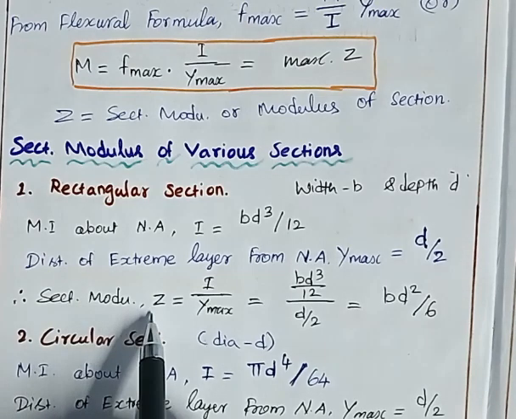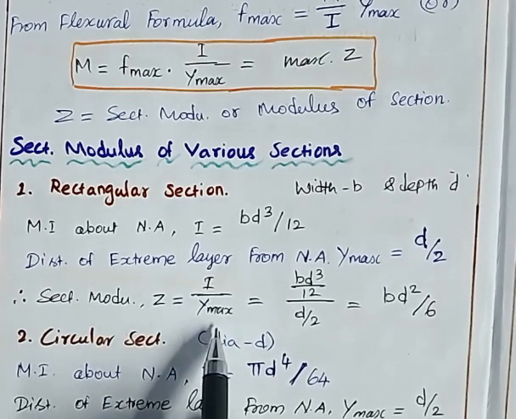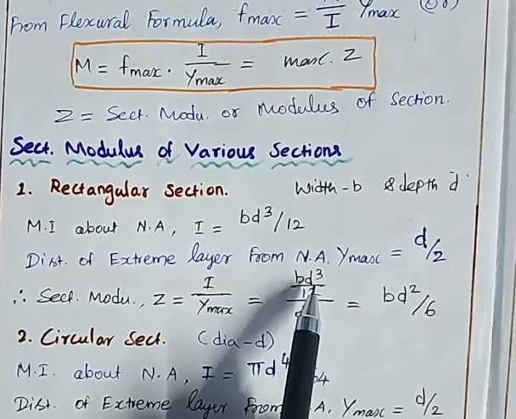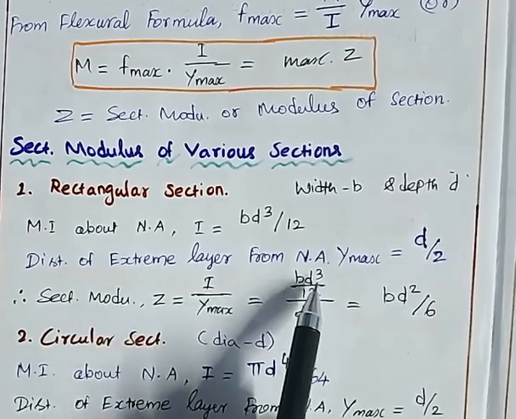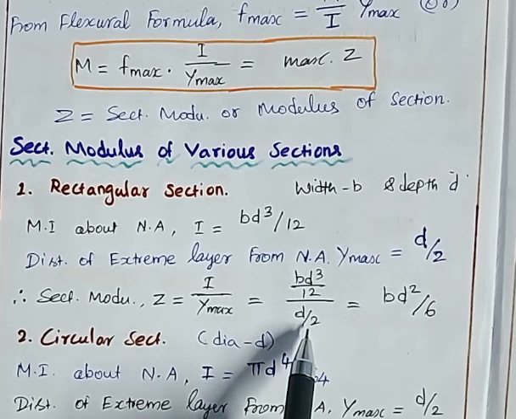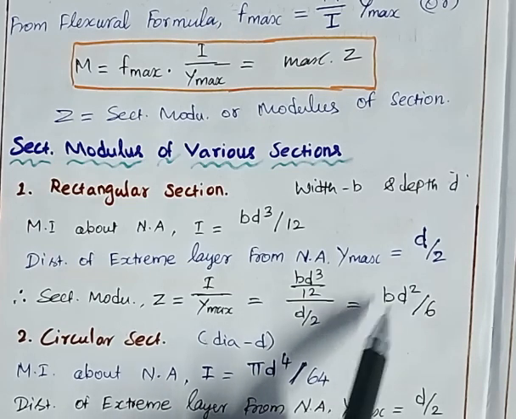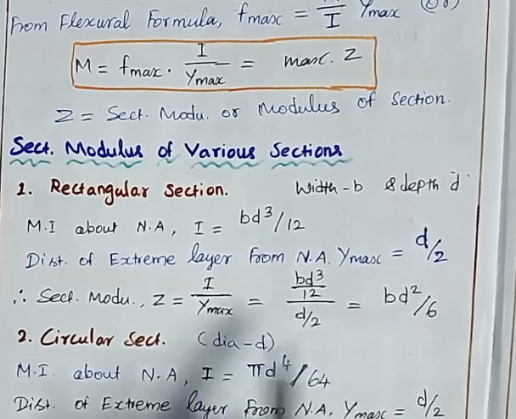Then section modulus Z equal to I divided by Y max, that is BD cubed divided by 12, divided by D by 2. Finally we got BD square divided by 6.